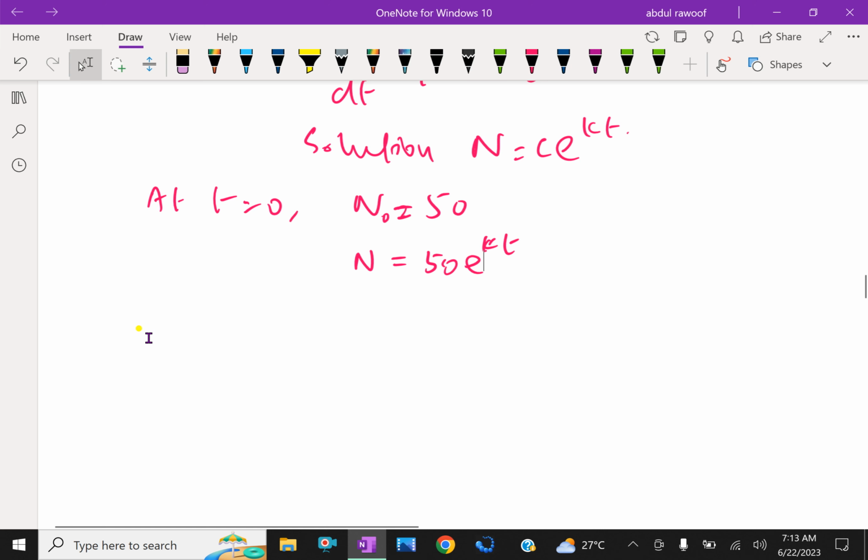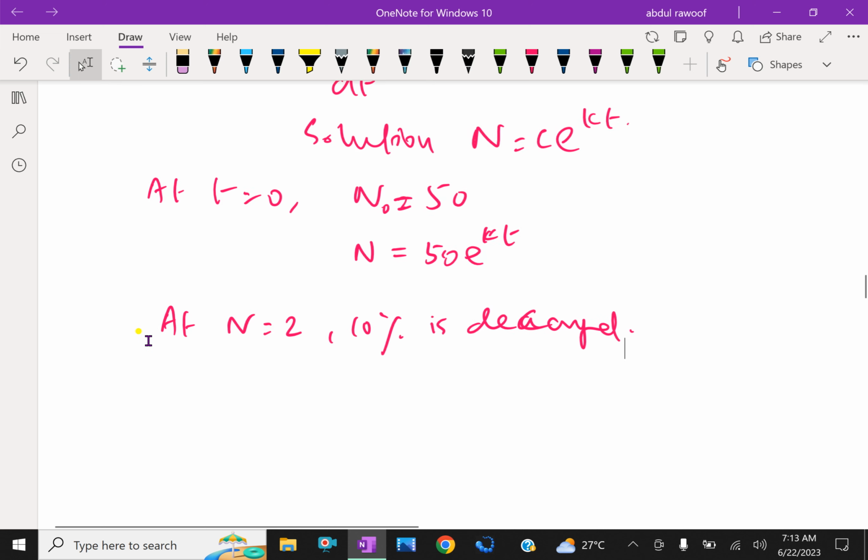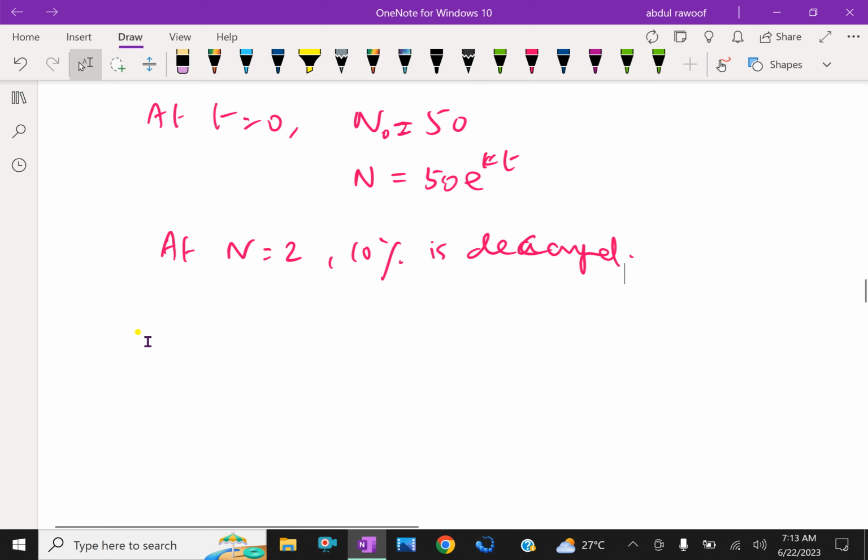From this, at t equal to 2, 10% is decayed. Therefore, available is 90%; 10% of 50 is 5, therefore remaining is 45.